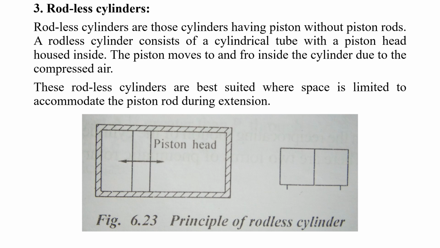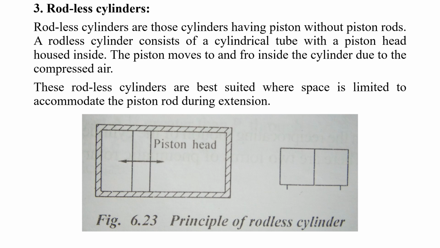The piston moves to and fro inside the cylinder due to the compressed air. If you say the front side is the left side, and you supply air there, the piston will move forward towards the right side. If you supply the air at the right side, the piston will move towards the left side, due to the compressed air.